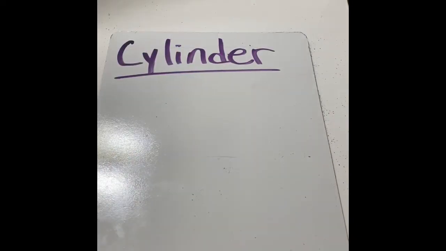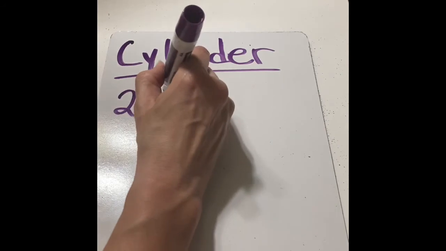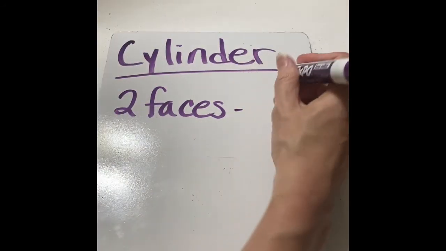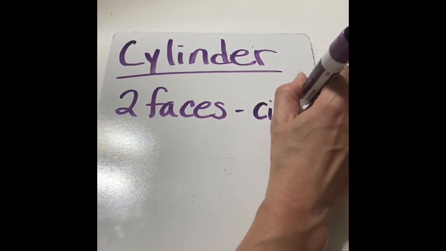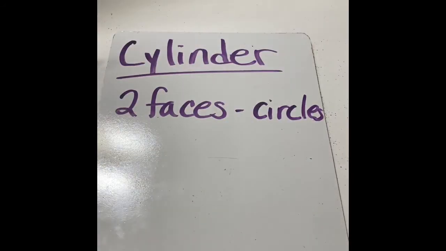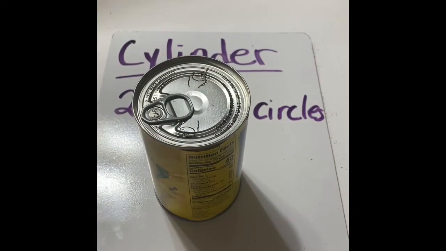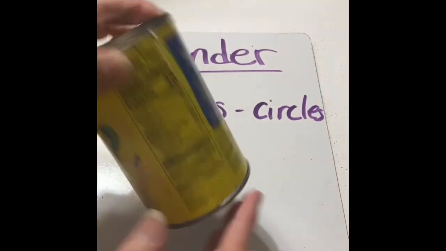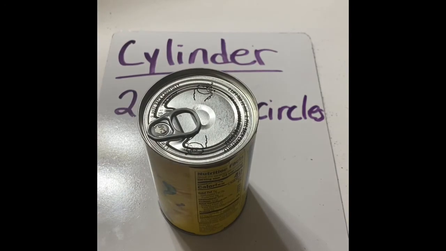Our next one is a cylinder. A cylinder has 2 faces, and those faces are always going to be circles. Here's an example of a cylinder. The top and the bottom, or the base, are the 2 circles that are faces.